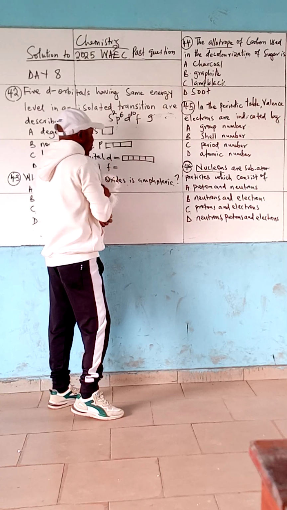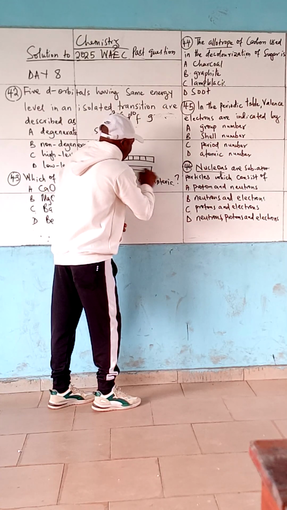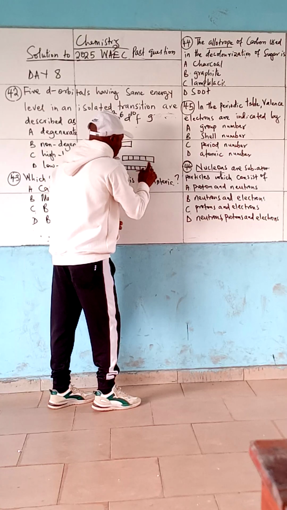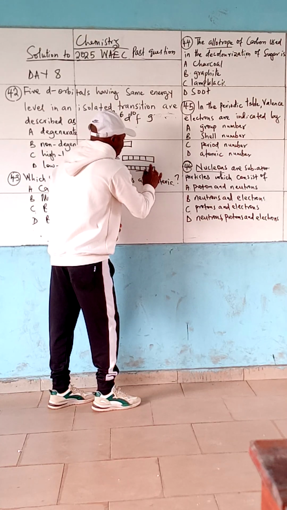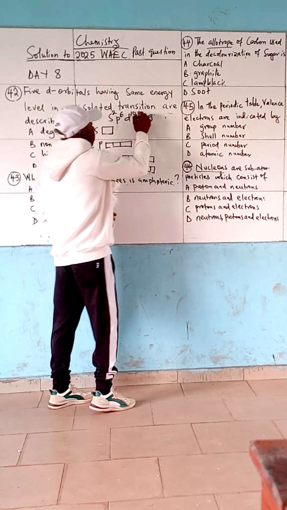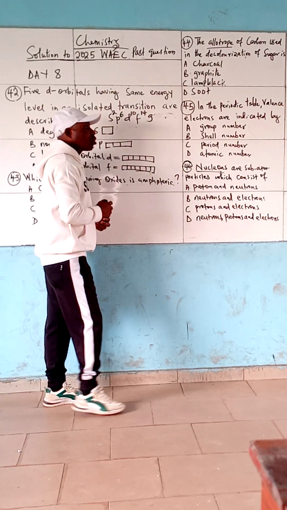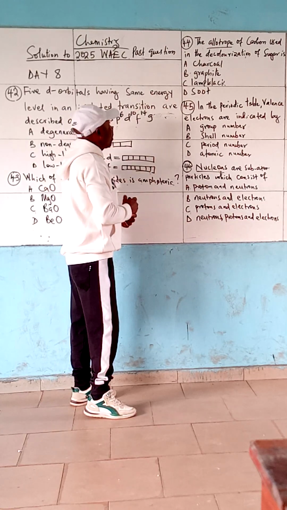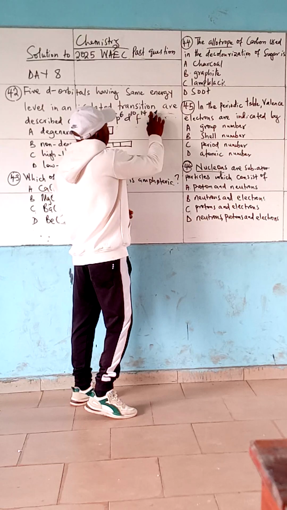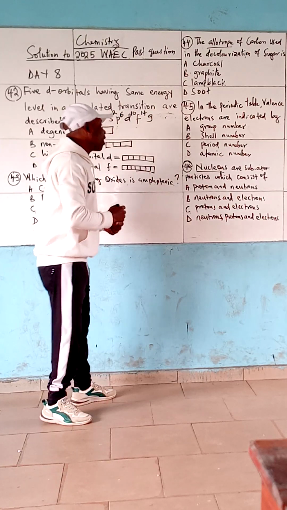F orbital is divided into 7 degenerates, 1, 2, 3, 4, 5, 6, then 7 degenerates, and can accept a maximum of 14 electrons. Beyond here, G orbital is divided into 9 degenerates and can accept a maximum of 18 electrons.